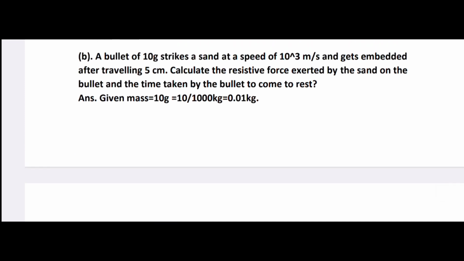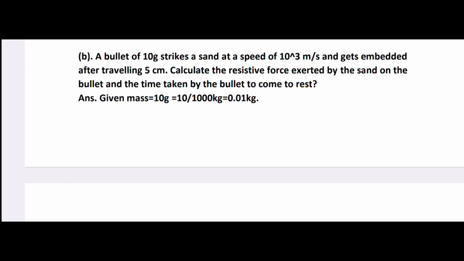Calculate the resistive force exerted by the sand on the bullet and the time taken by the bullet to come to rest. अब इसमें आपको सीधा सीधा बताया है कि बुलेट का मास कितना है, 10 ग्राम. ये स्ट्राइक कर रही है सैंड के ऊपर 10 रेज टू पावर 3 मीटर पर सेकेंड की स्पीड से, और 5 सेंटीमीटर अंदर जाने के बाद ये रुक जाती है. आपको कैलकुलेट करना है रेजिस्टिव फोर्स, और टाइम टेकन बाय द बुलेट टू कम टू रेस्ट.